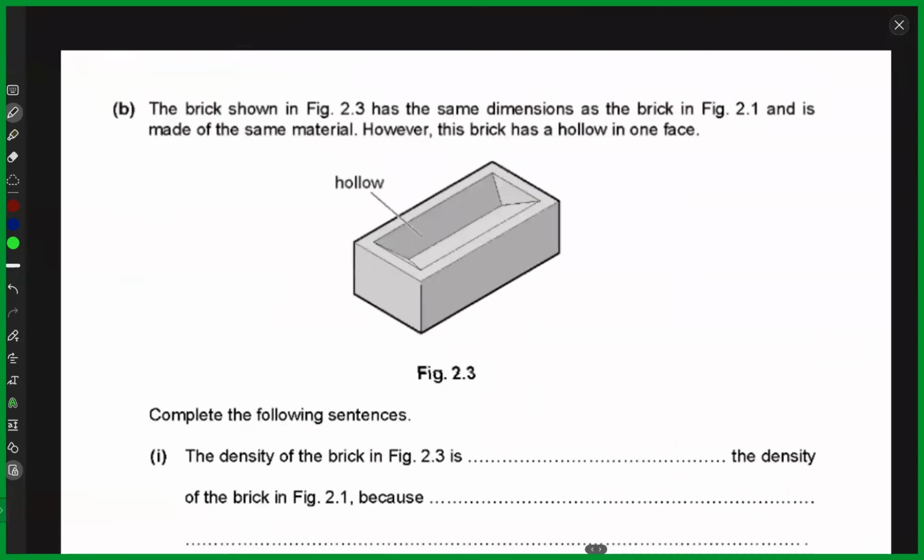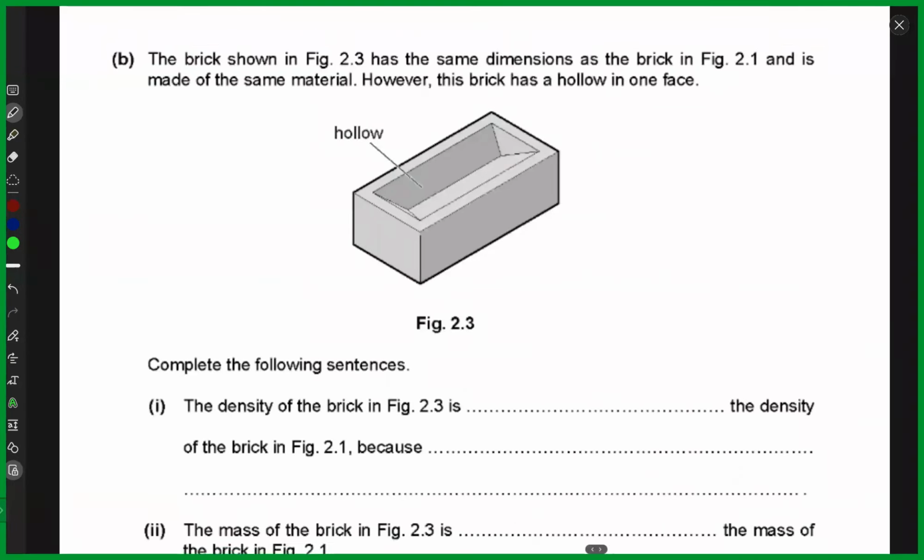Now let's move on to this question, part B of the same thing. The brick shown in this figure has the same dimensions as the brick in that one. Dimensions meaning that it has the same height, same length, and same width.